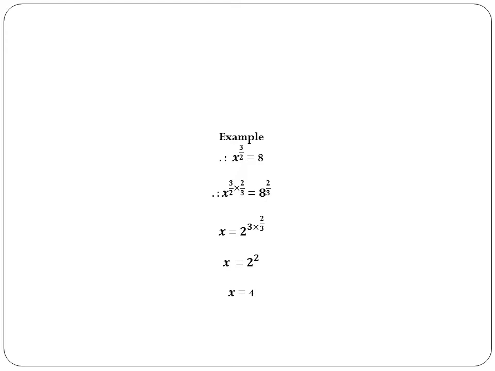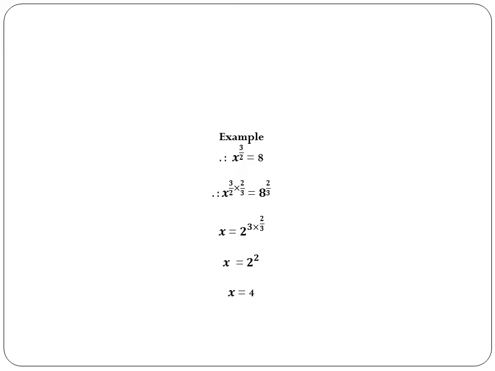To do so, we need to multiply both sides of the equation by the reciprocal of the exponent. So we are going to have x to the power 3 divided by 2 multiplied by 2 divided by 3 is equal to 8 to the power 2 divided by 3.